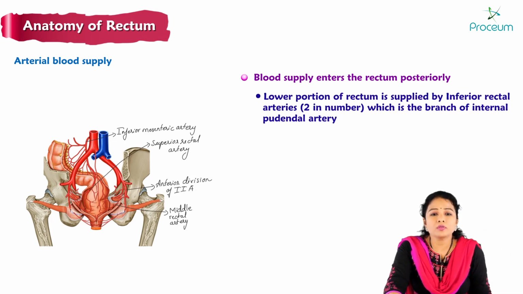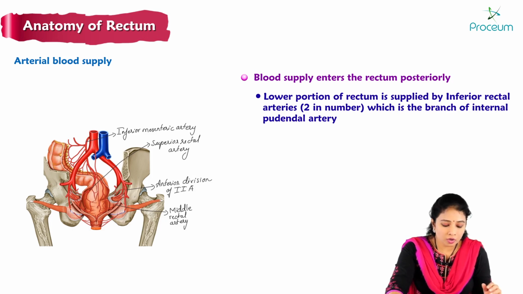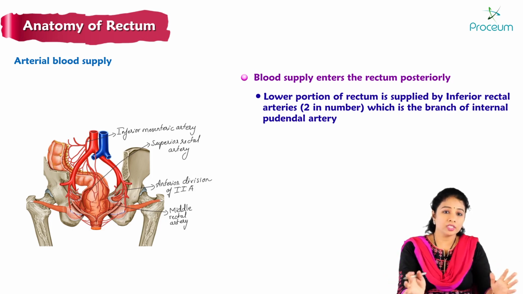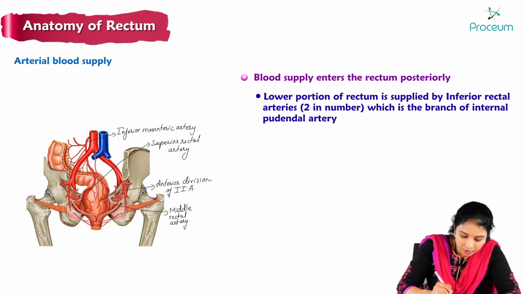The lower portion of the rectum is supplied by the inferior rectal arteries, which are branches of the internal pudendal artery. So they are also 2 in number, supplying each side of the rectum.